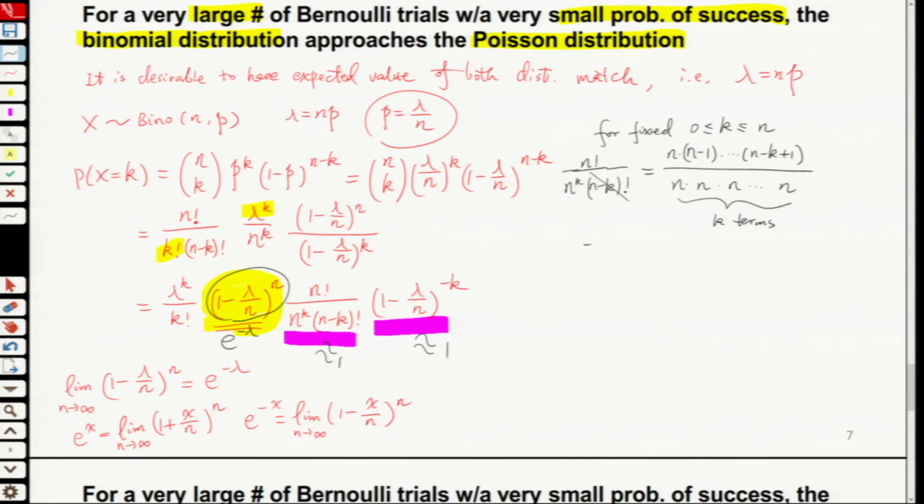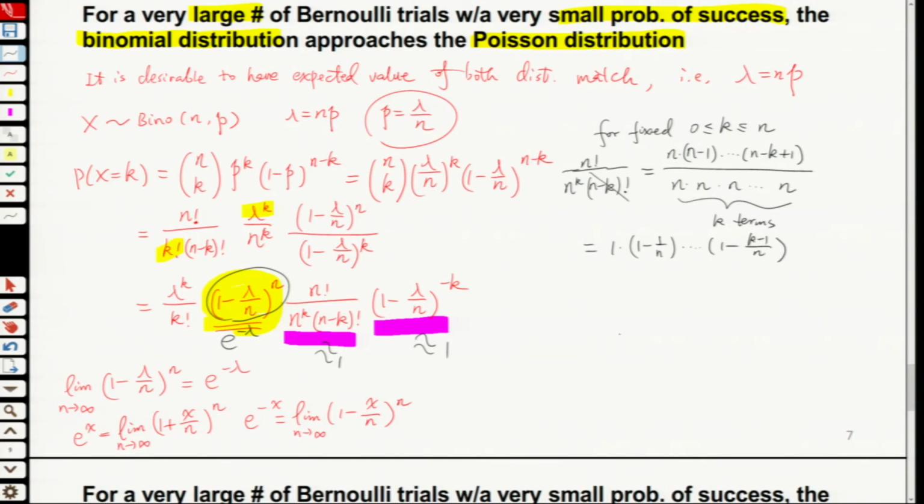So this will equal 1 times (1 minus 1 over n) times up to (1 minus (k minus 1) over n). Okay.